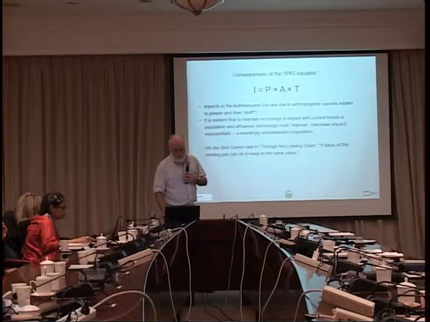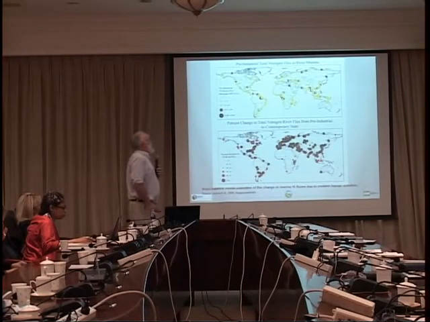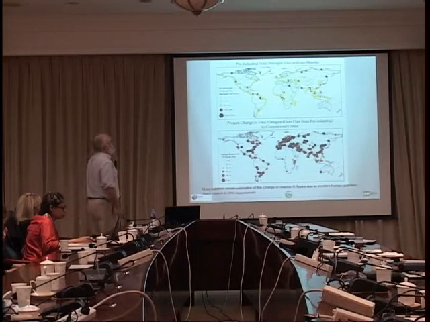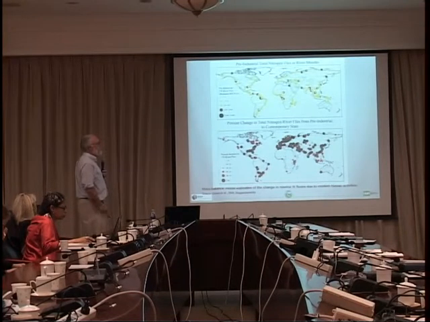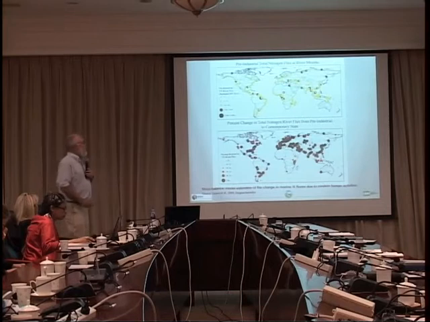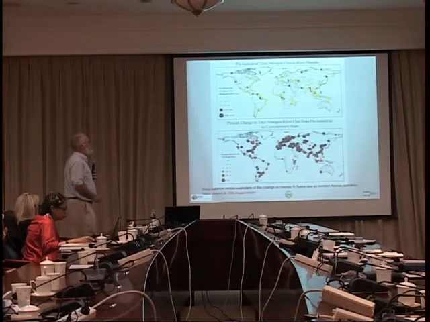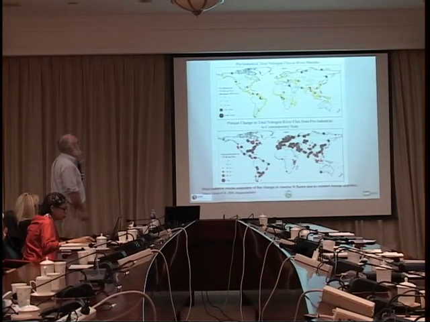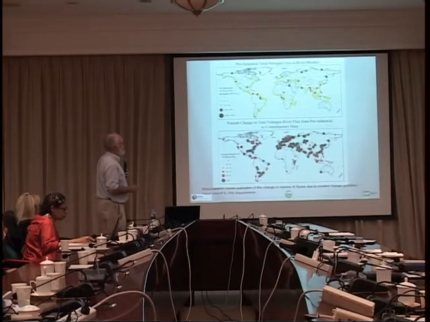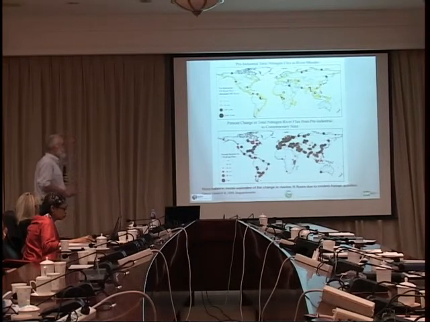Just to demonstrate that there are consequences, that this does translate into an impact, this is some model estimates of riverine nitrogen fluxes that Pam Green et al. published in 2004. The top slide is estimates of pre-industrial nitrogen flux at various river mouths around the world. You don't really need to focus on that one, but the bottom one is the main one.